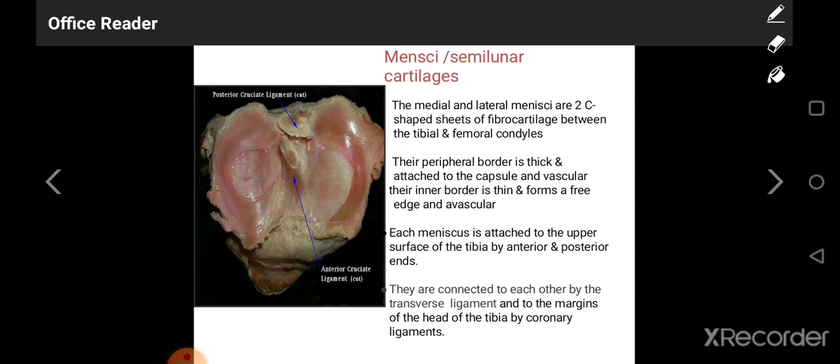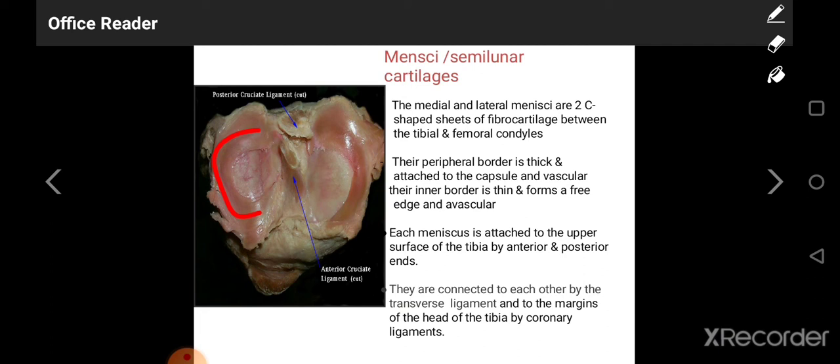They have a peripheral border which is thick and attached to the fibrous capsule, and vascular. Their inner border is thin and forms a free edge and it is avascular.